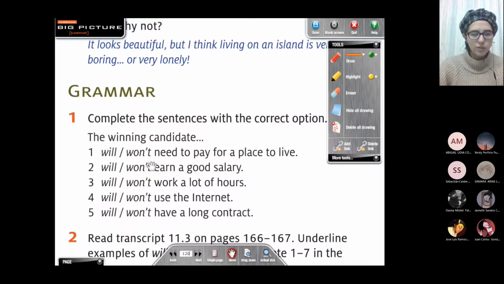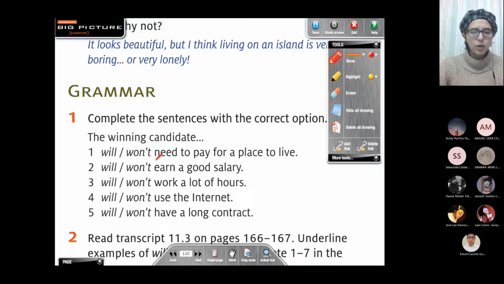Okay, so you tell me, Dana, what do you have for number 1? Which option? Dana, the winning candidate need to pay for a place to live, will or won't?